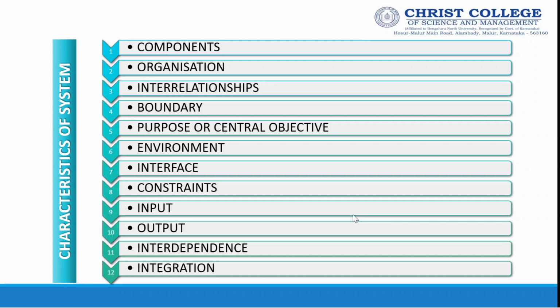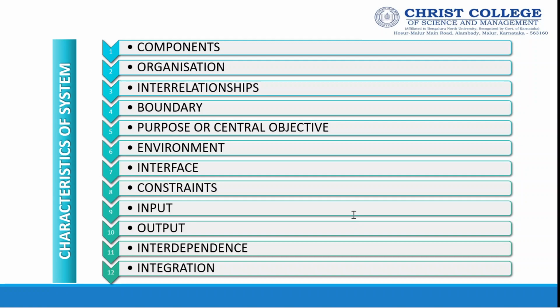Similarly, the interface is the point at which the system meets the environment in which it works. Next one, constraint. A system must face constraints in its functioning because there are limits to what it can do and how it can achieve its purpose within its environment.